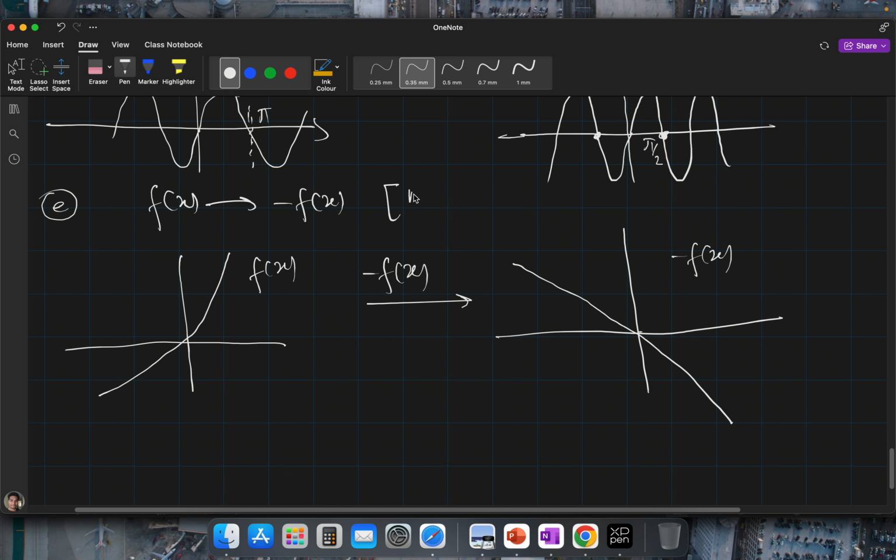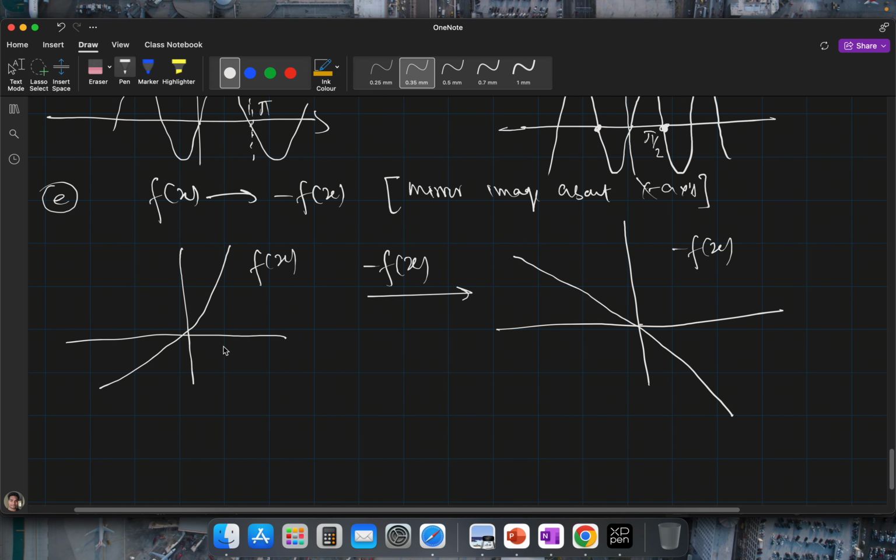Mirror about the x-axis, right? So this transformation is nothing but the mirror about the x-axis. Just take the mirror image about the x-axis, and you will get that transformation.